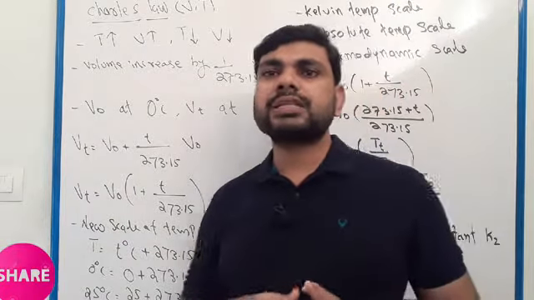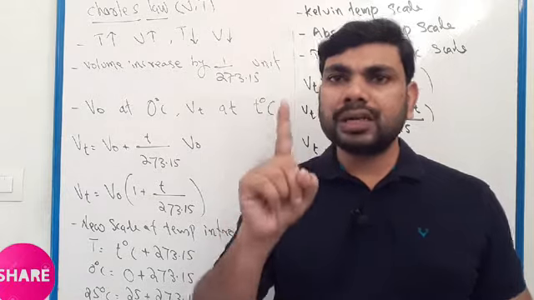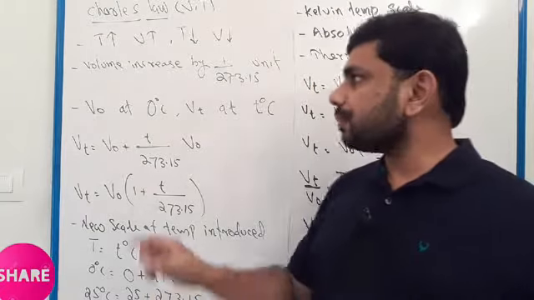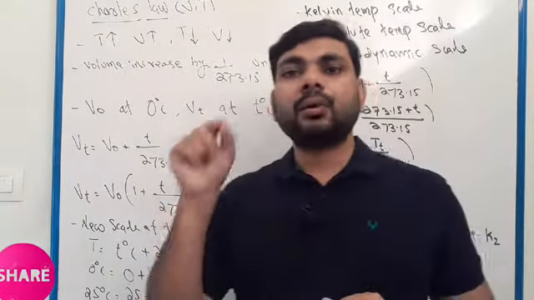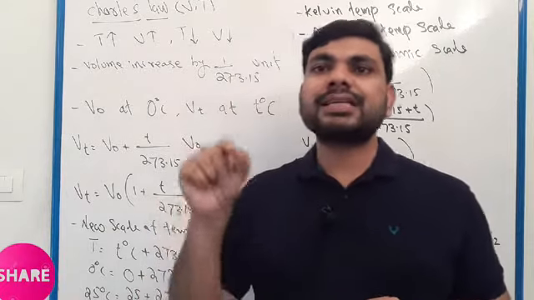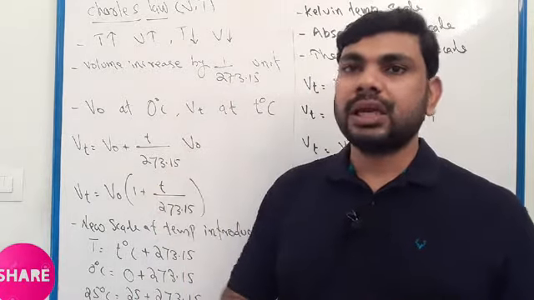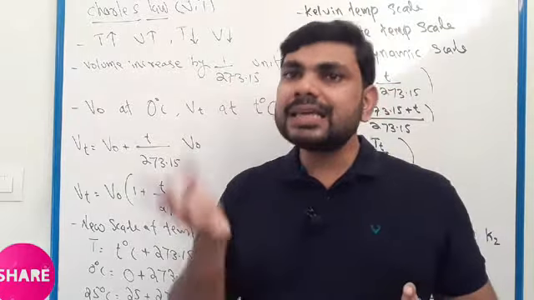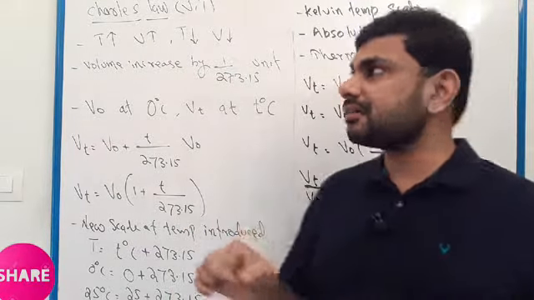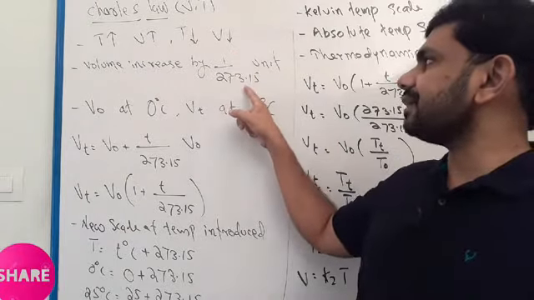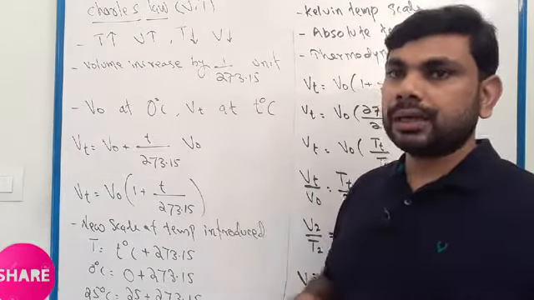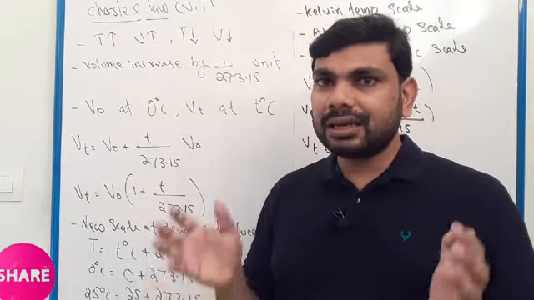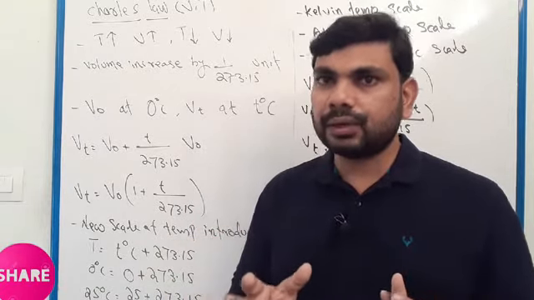Also, Charles found that when we increase temperature by 1 degree Celsius, the volume of a gas increases by 1 divided by 273.15 of its initial volume. Imagine its initial volume is 10 volume.